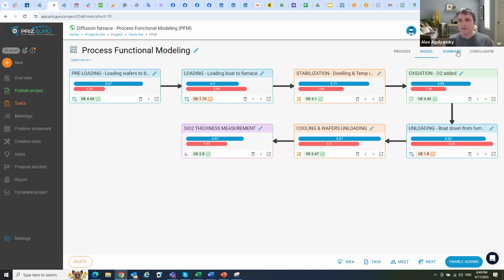And that's, I think, in my mind the biggest benefit of functional modeling and process functional modeling as one big tool, how you can improve the entire process, make it cheaper, make it more reliable, solve problems that each and every operation causes, and so on.